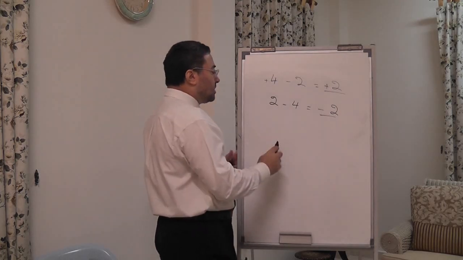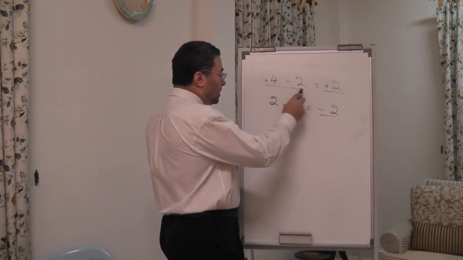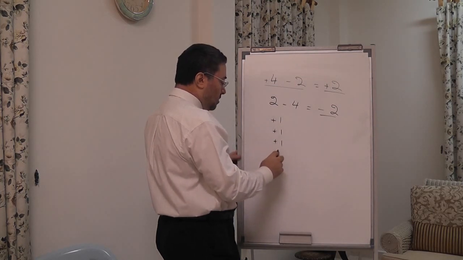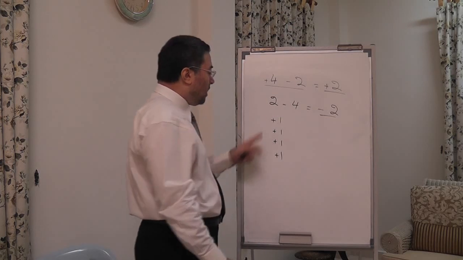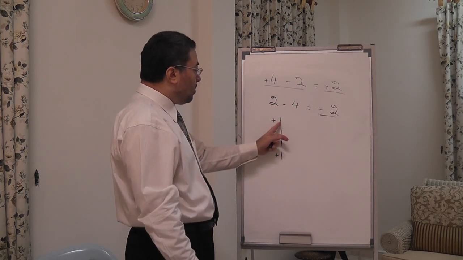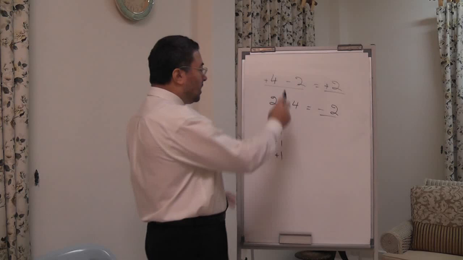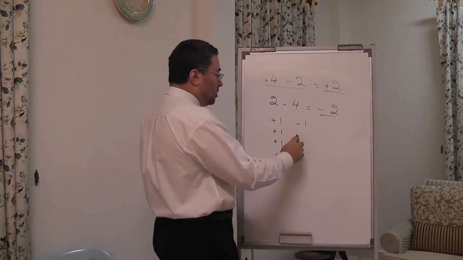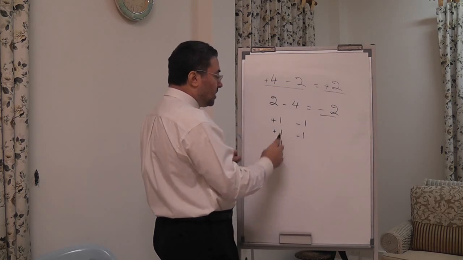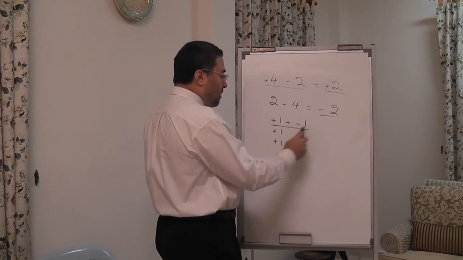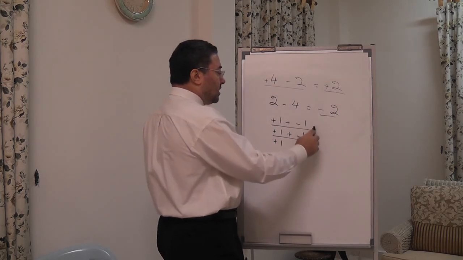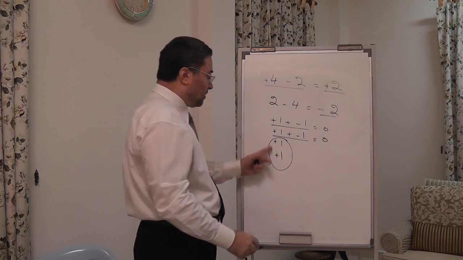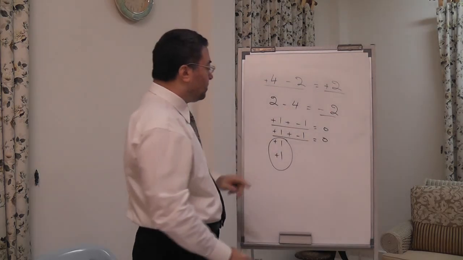Now we can look at this as follows. In the first situation, I have 4 positive ones, and I am combining them with 2 negatives. When I combine these two, I get a 0, and I'm left with 2 positives, which I see here.